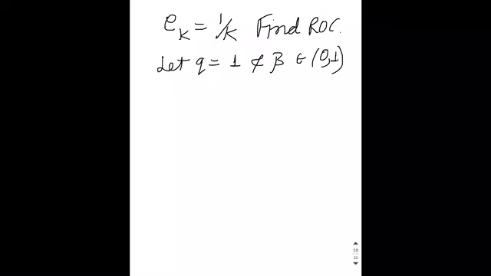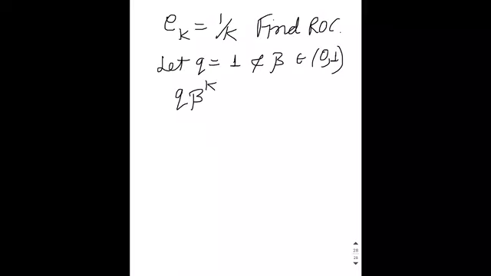If you want to show linear convergence, we just need to show that there exist some q and some beta such that e_k equals q times beta to the power k.